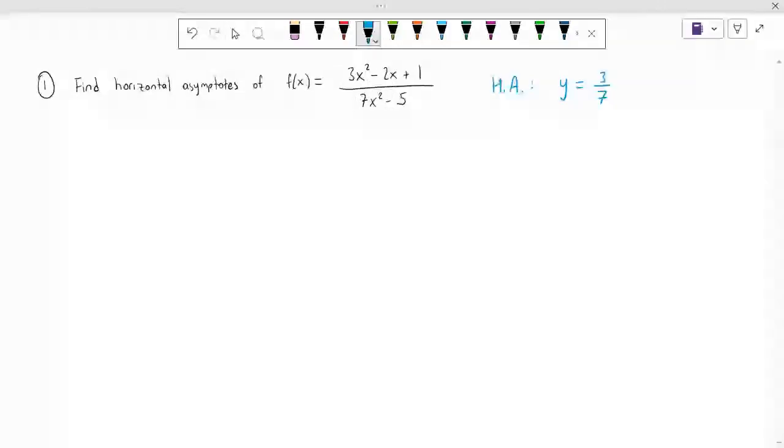But now let's see if we can actually get the same result using limits and calculus, okay? So let's look at the limit as x approaches infinity of this function.